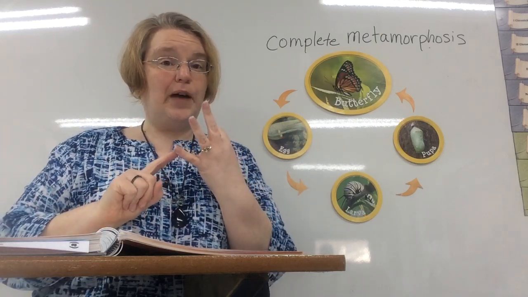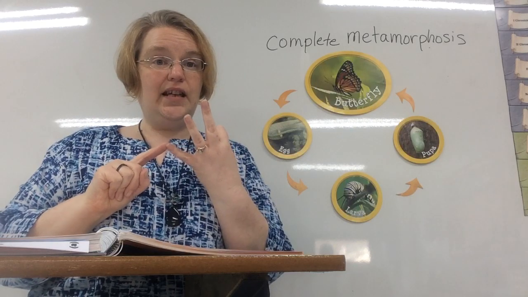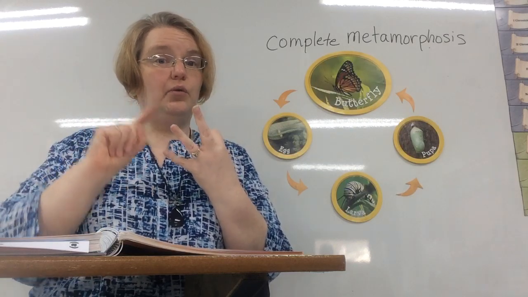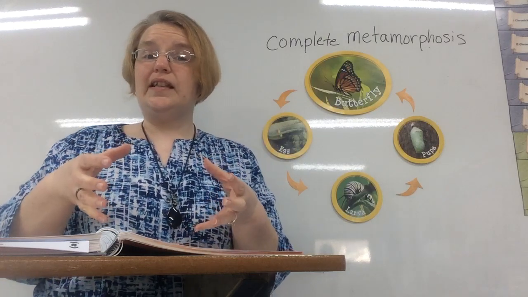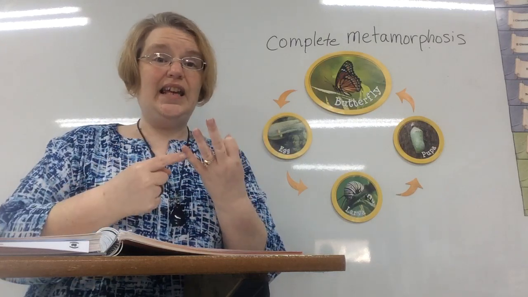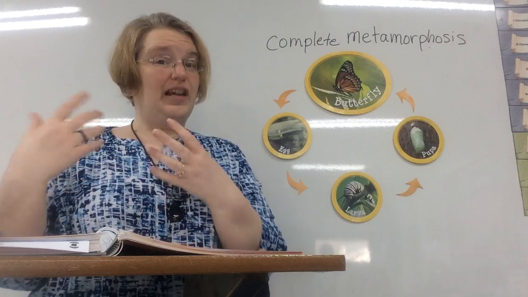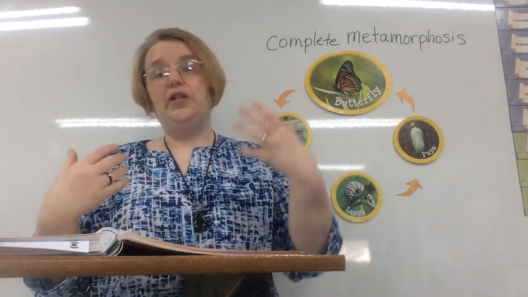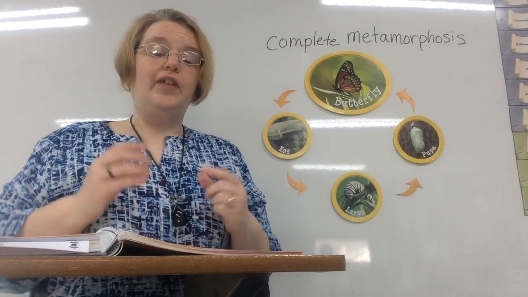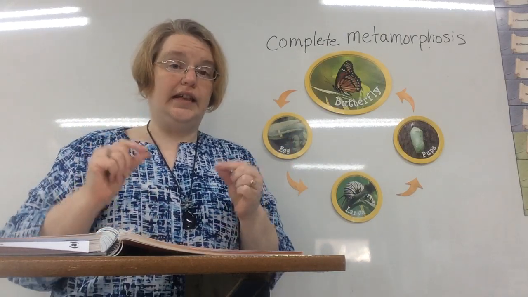And can you remember from chapter 1? What are the 3 basic needs? Food, water, protection. So these particular insects can't get their basic needs if they're by themselves. They would end up dying if they were all alone. So they need to live in a group in order to meet those basic needs. And they are called social insects.